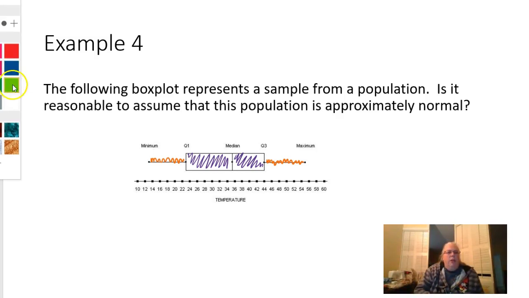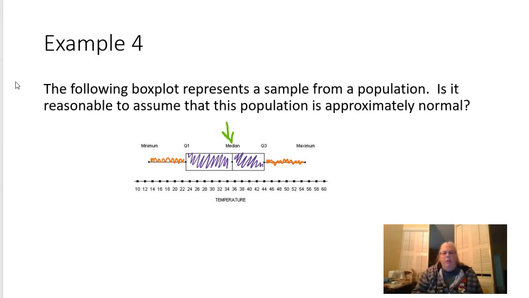The other thing we're trying to check is the median right here. Is it really in the middle of the data? It looks like it's pretty close to being in the middle of the data. So with all of these going for us, I would say that yes, we can treat this as coming from an approximately normal population.